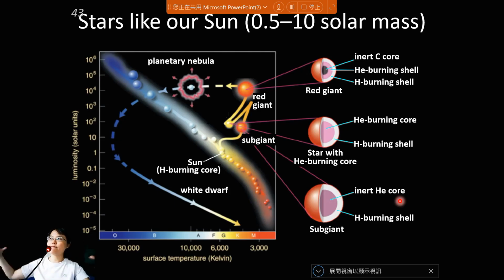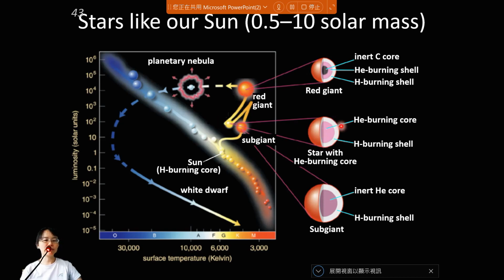When the helium falls into the center of the star, it will be ignited and start to burn. So now we have a helium burning core. At the outer part of the sun, hydrogen is still burning, but no longer in the internal part. So now we have two layers of burning.